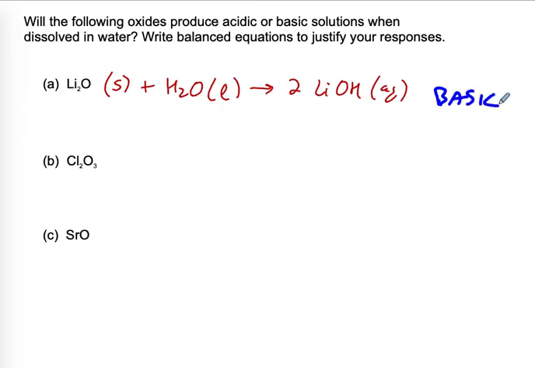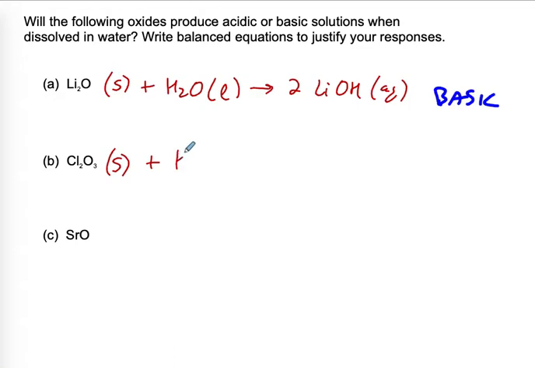Cl2O3, that's a non-metallic oxide. So I'm predicting that it's going to form an oxyacid and therefore an acidic solution. How do I determine the formula? Well, with these non-metallic oxides, and I honestly don't know what the physical state is, I'm going to take a wild guess and say it's solid.